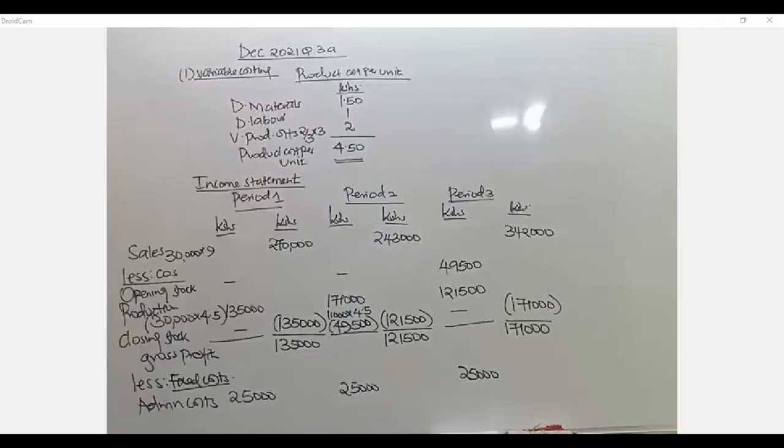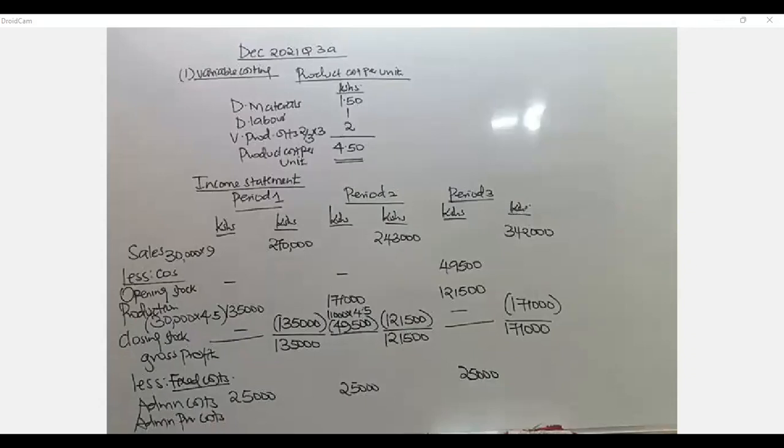What about the fixed production costs? The examiner is telling you it should be a third of the production overhead, which is 3. So a third of that is 1 bob, right?